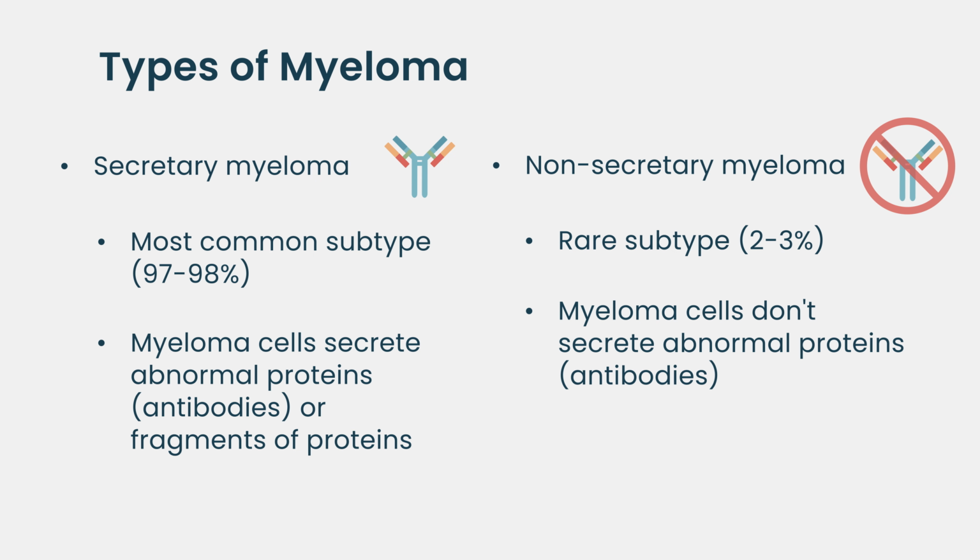And non-secretory myeloma can be more challenging to treat, primarily because the proteins that we usually measure in the blood as our key indicator of whether the myeloma is shrinking or growing aren't available to us.